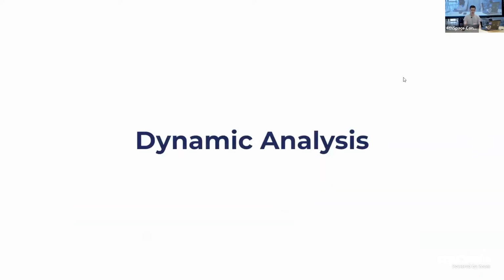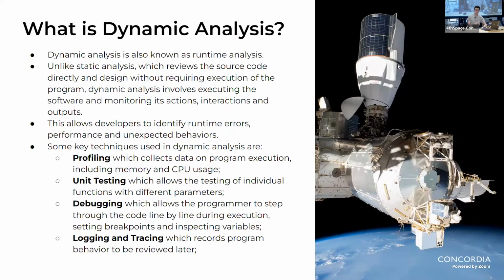So I talked about static analysis, now let's go over dynamic analysis. What that is is runtime analysis. So as I mentioned previously, that's when you have an executable of your code that is working, you're able to either run it on the emulator, run it on the hardware, and then you're able to start analyzing what the behavior of your code is.